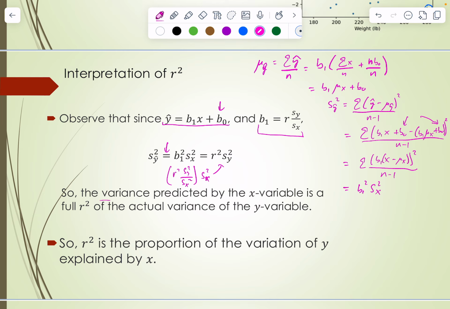So the variance predicted by the x variable, so this right here, if there's any variation, it's entirely from the x variable, because this is just a function, since y hat is completely determined by x.